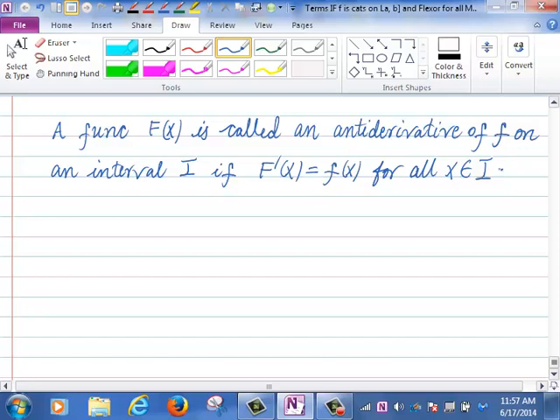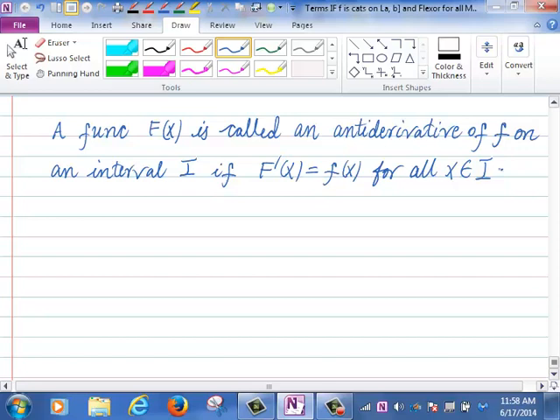Lowercase f is the derivative of uppercase F, and uppercase F is the antiderivative of lowercase f, right? Am I making sense? The opposite.